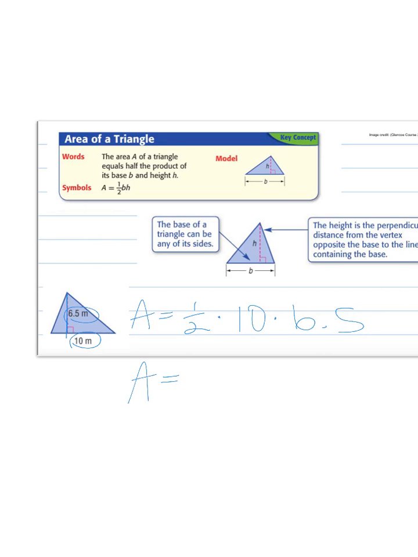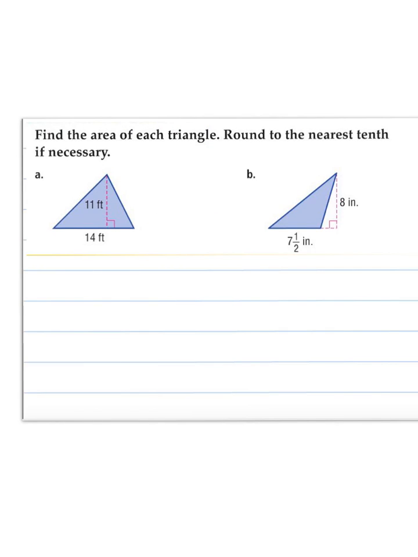And the area equals 32 5/10 meters, and again squared because we're talking area. All right, some more for you to try. Remember the equation is area equals 1/2 times base times height. Okay, so try them, come back and check.